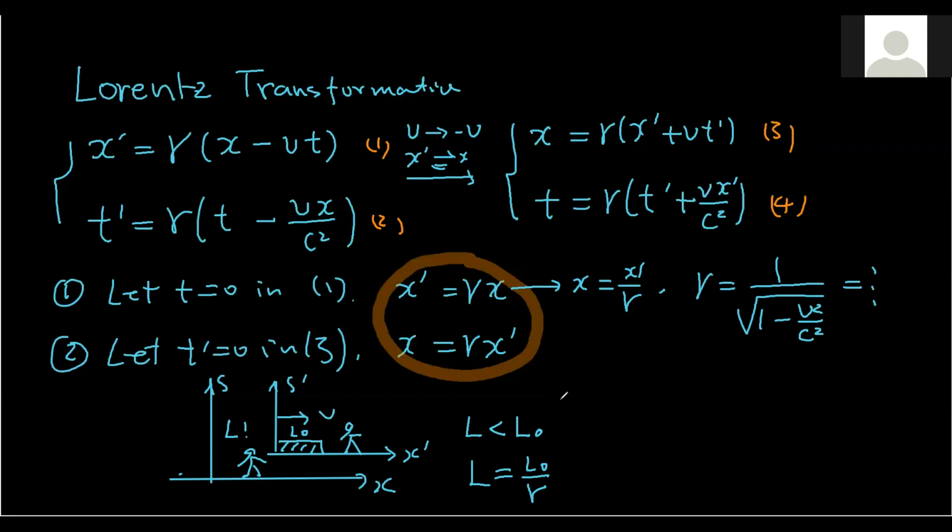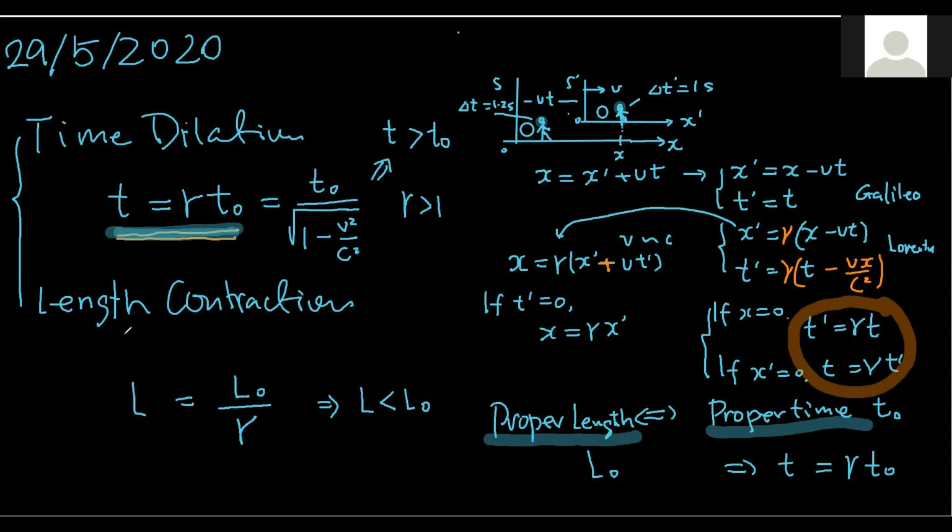I hope this talk gives you some detailed explanation of these two well-known phenomena: one is time dilation, and the other is length contraction. Now, do you still find it difficult to understand?